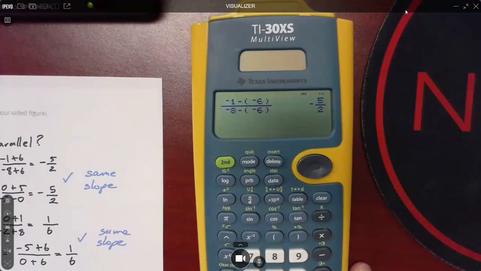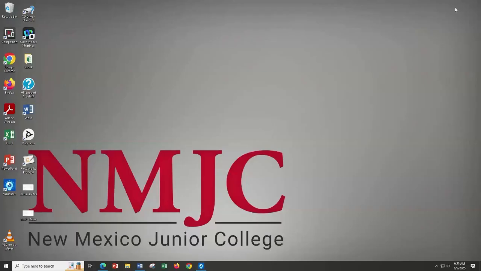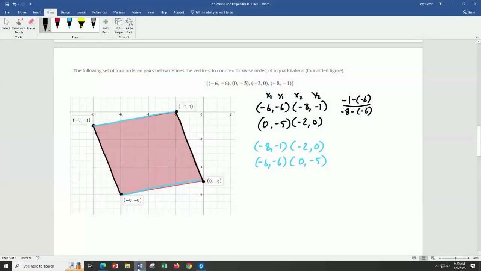So immediately I could jump right in there and just put it straight in my calculator. So negative 5/2. And spoiler alert, when you do the next one, you get negative 5/2 as well.